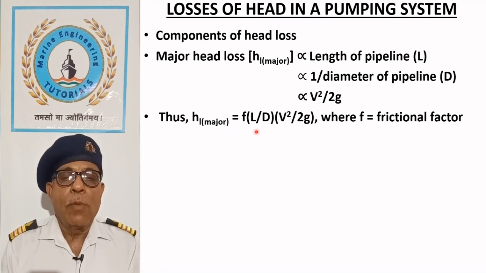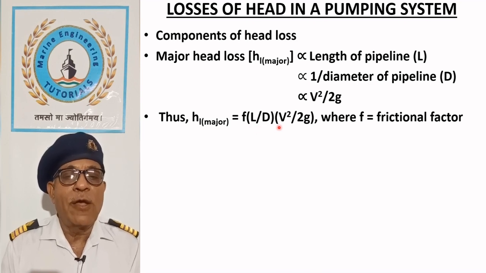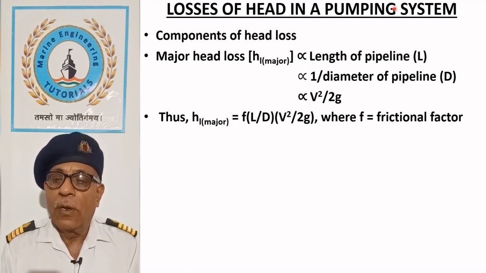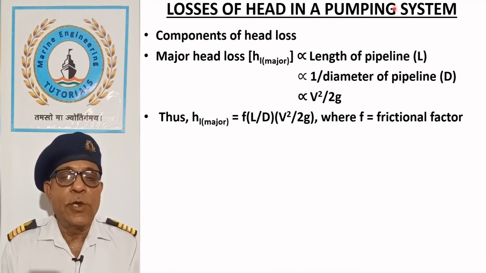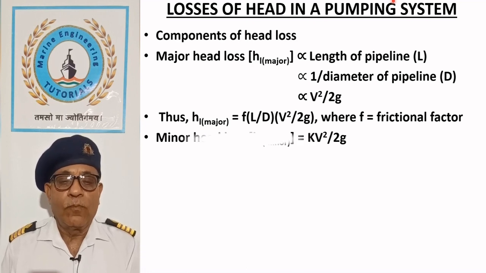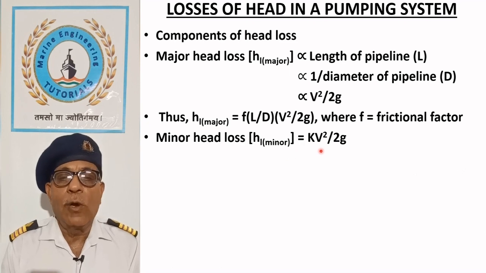Thus, major head loss can be written as f into L by D into V square by 2g, where f is the frictional factor which depends on the nature of flow, whether laminar or turbulent, given by Reynolds number. Minor head loss is equal to k V square by 2g.